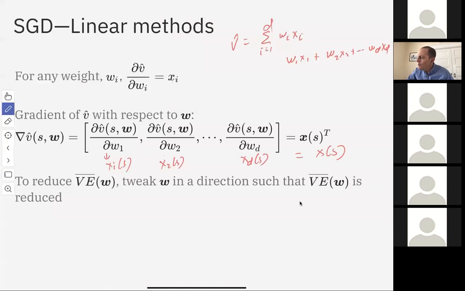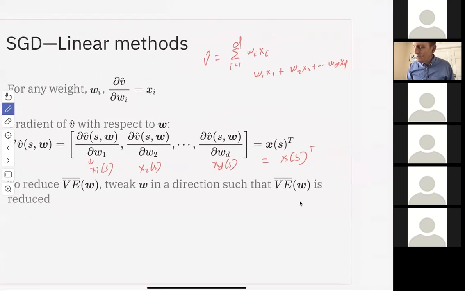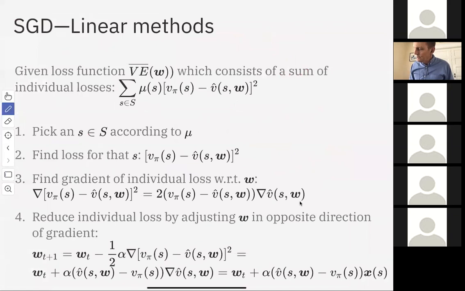Although, since this is a row vector, it's the x of s transposed. So that tells us that the gradient is just our x, and so therefore here we can replace this.